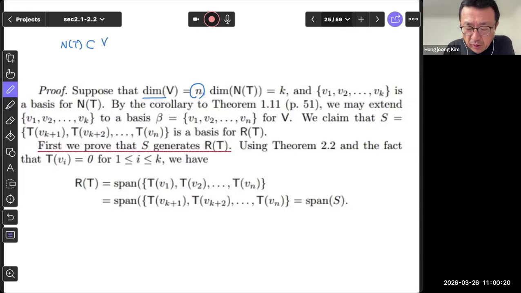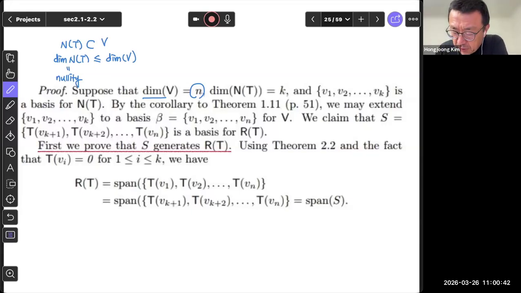So the dimension of the null space will be smaller than the dimension of the V space, and this is nullity. So nullity will be less than or equal to the dimension of the V space. So let me assume that the dimension of V is n and the dimension of the null space is k.